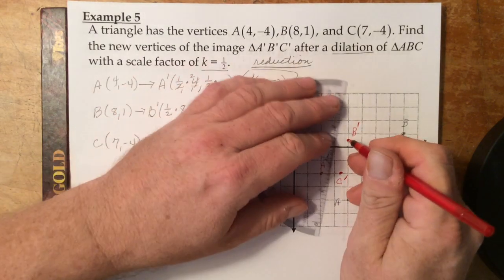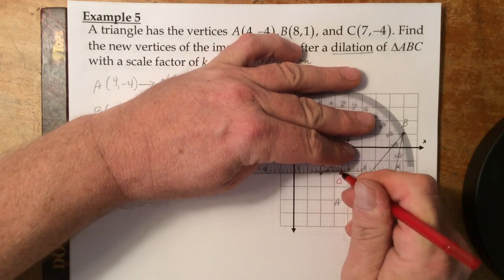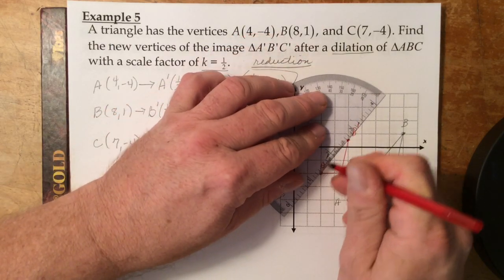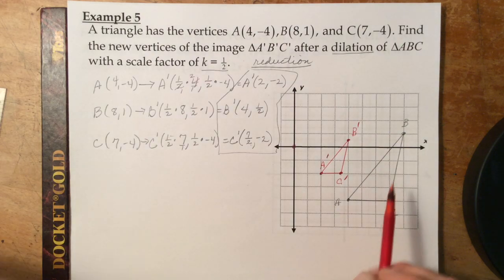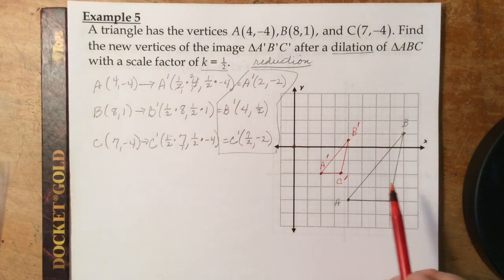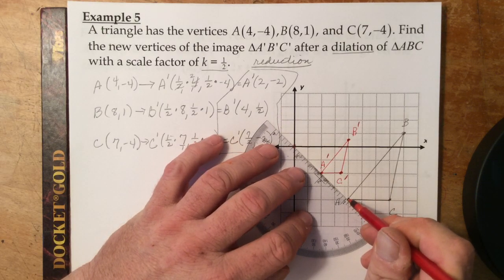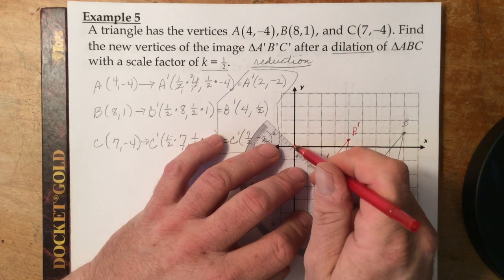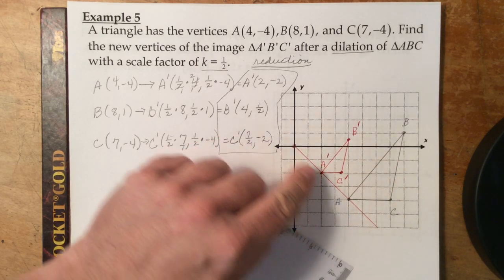Take my straight edge and connect the vertices. And you'll notice that this new image is half the size of the pre-image. And once again, I won't do all of them, but the point of dilation is the origin, so the original and image points line up.